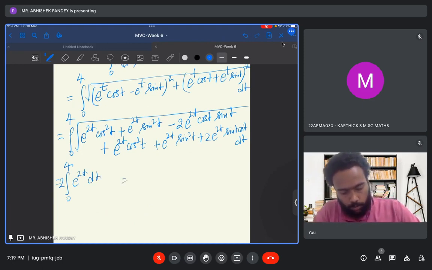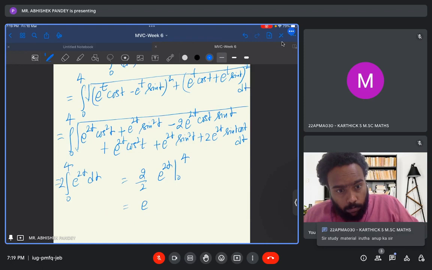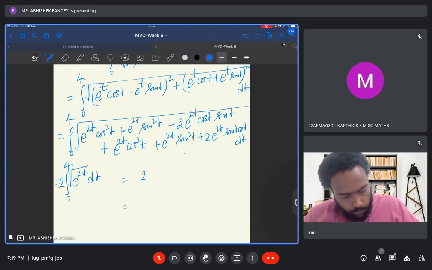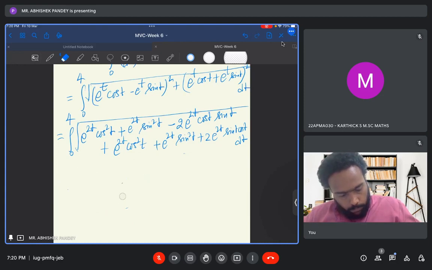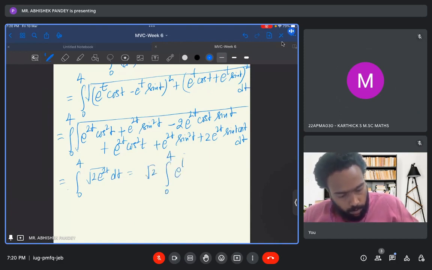So this you will get the integral 0 to 4 of the square root of 2 e to the power 2t dt, so you will get root 2 times the integral 0 to 4 of e to the power t dt, so this is root 2 times e to the power 4 minus 1.